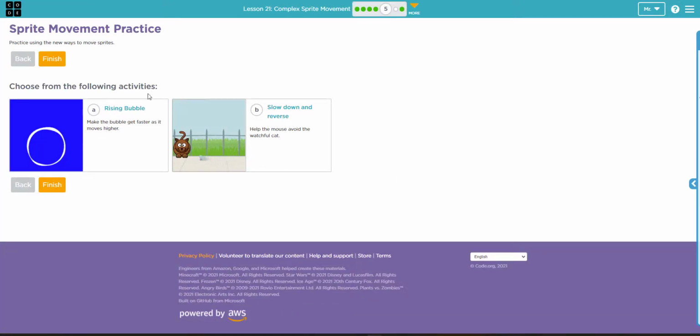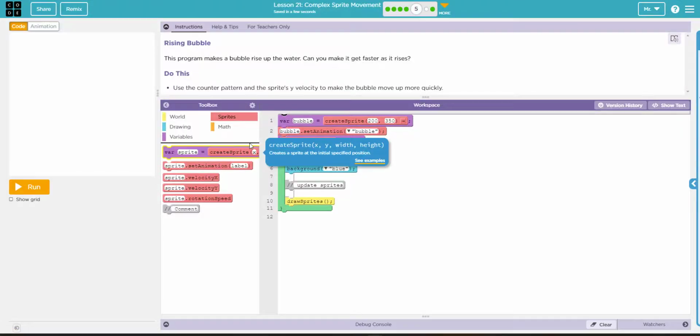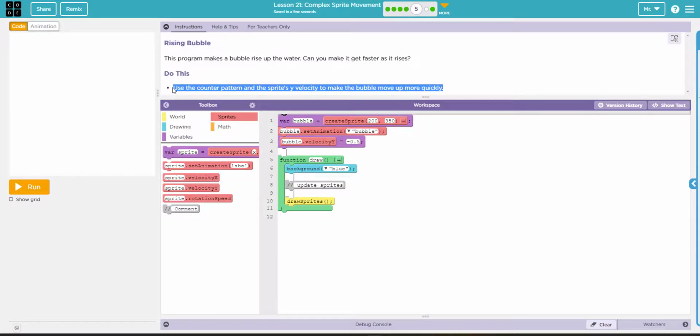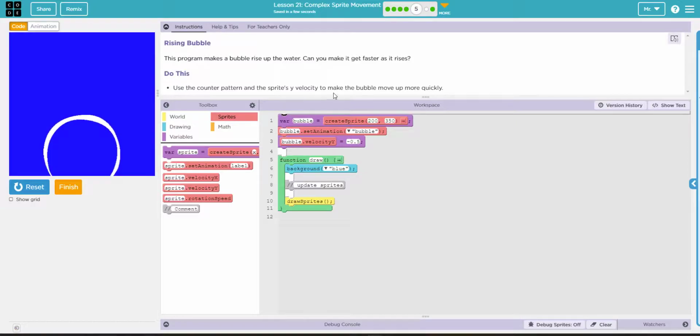All right, a couple practice problems, and excuse me for the noise outside. Let's go ahead and make the bubble rise faster and faster. So again, we're just using the velocity blocks with the counter pattern. We're going to use the counter pattern to make the velocity y increase, or move up more quickly.